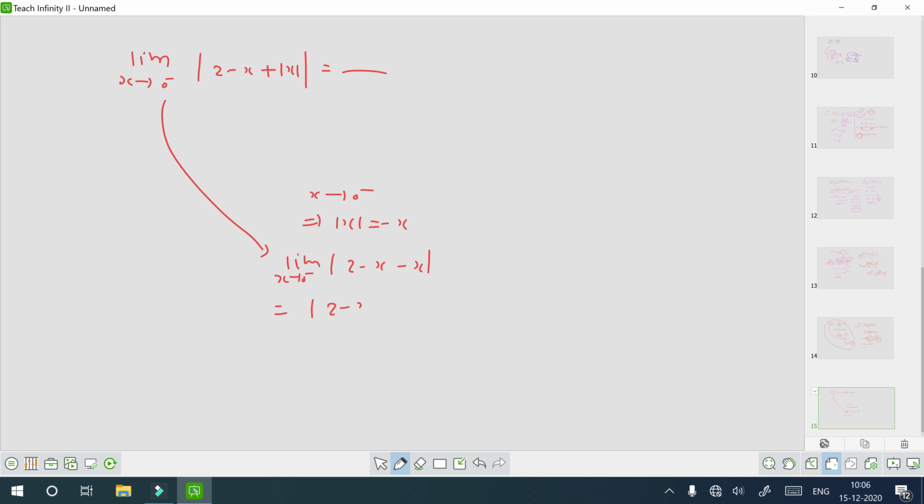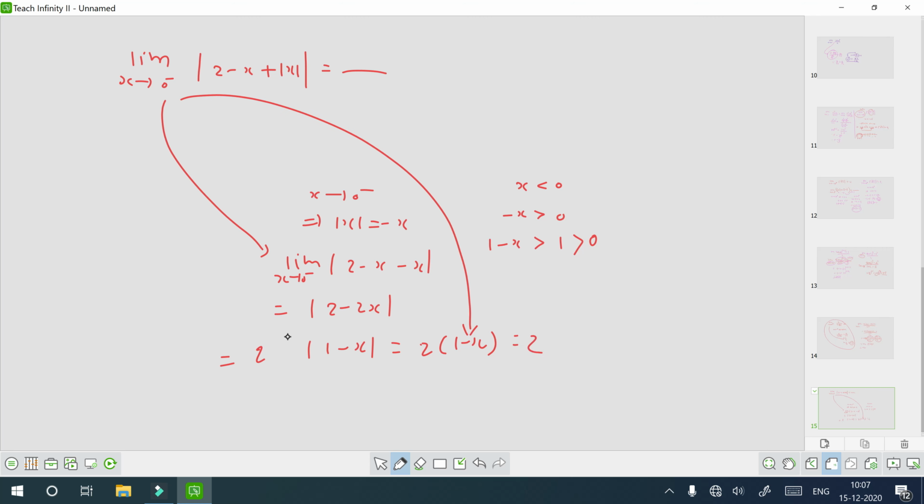So magnitude of 2 minus 2x is there. So 2 outside, magnitude of 1 minus x is there. Now x less than 0, so minus x greater than 0, so 1 minus x is greater than 1, so that is greater than 0. So this magnitude comes out 2 into 1 minus x. x tends to 0, put here, that comes out 2. So the answer of this example is 2.